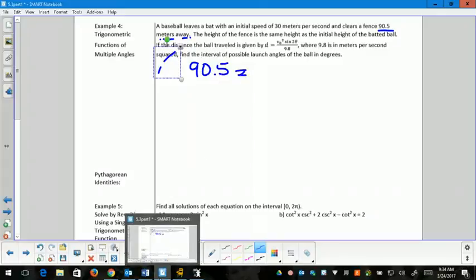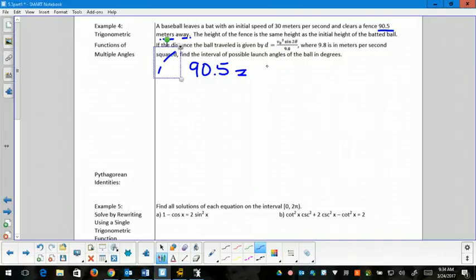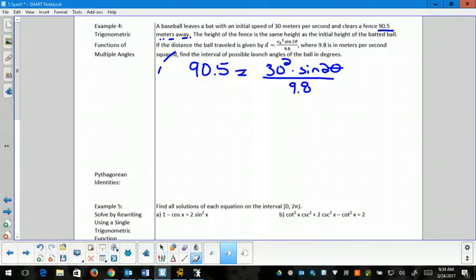And the speed is 30 meters per second, so that's the velocity, and it's squared. So we have 30 squared times sine of 2 theta over 9.8. And 30 squared is 900.